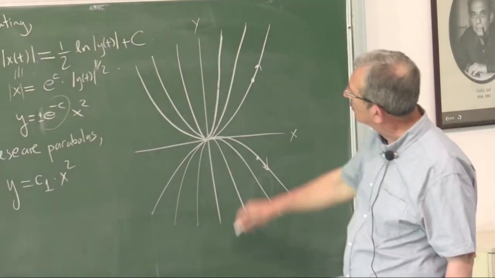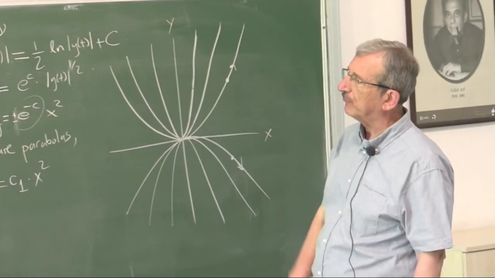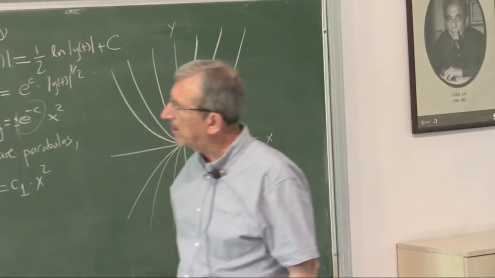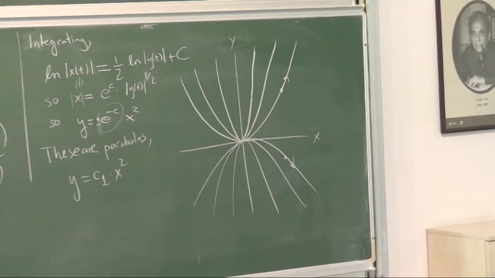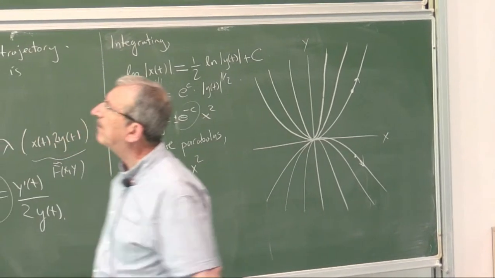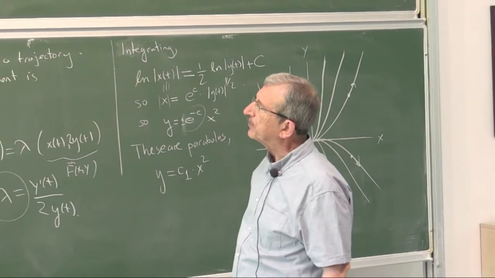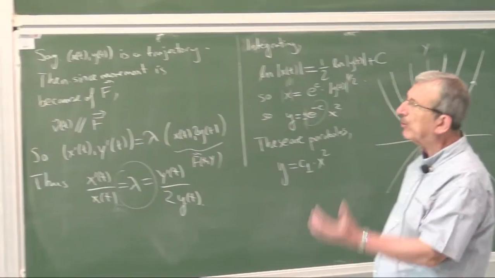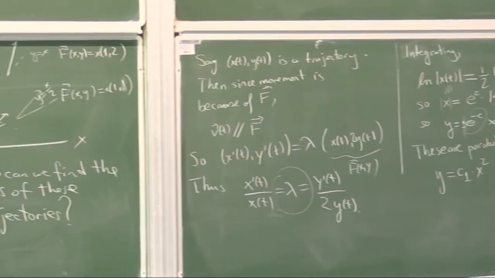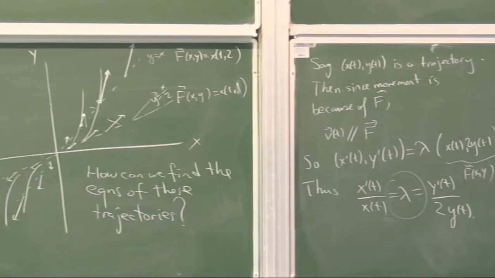It's interesting to see what happens when x is 0. Well, obviously, from the very original function F, if x is 0, you have the vector (0, 2y), which is the j vector, basically.